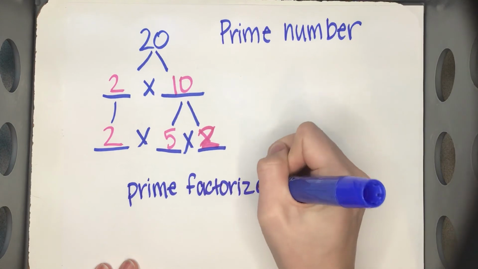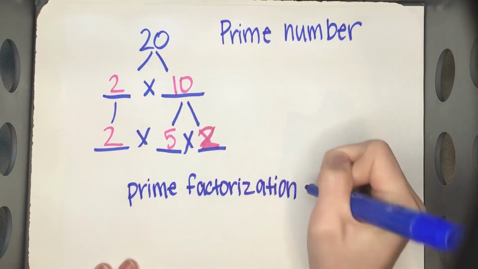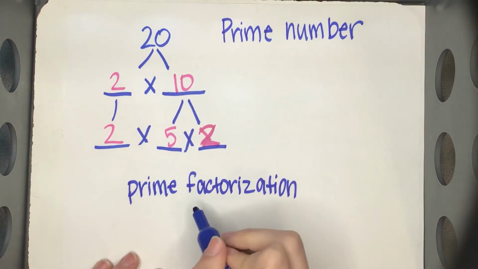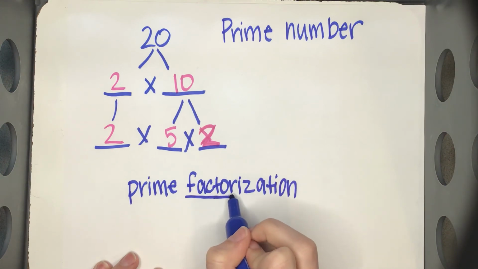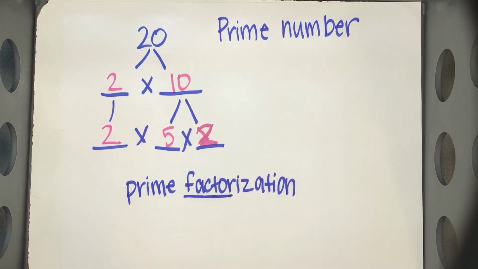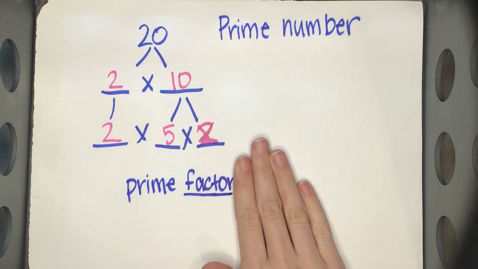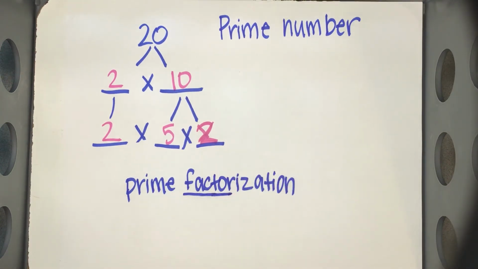And I know this looks like a really long word, but look right here. We have the word factor, and that's what you did on Wednesday. So just ignore this part. It's a fancy name for what this is.